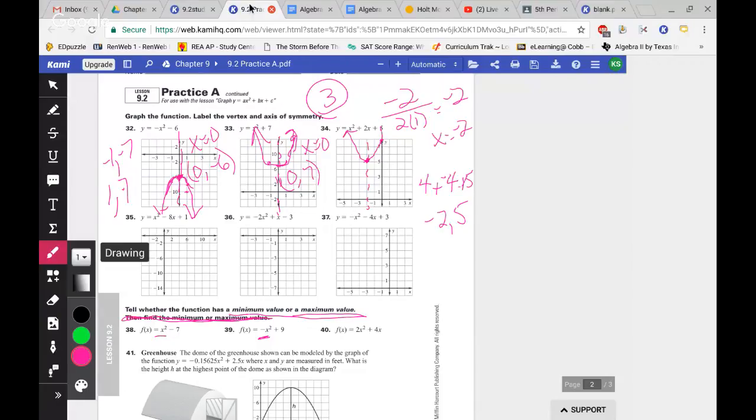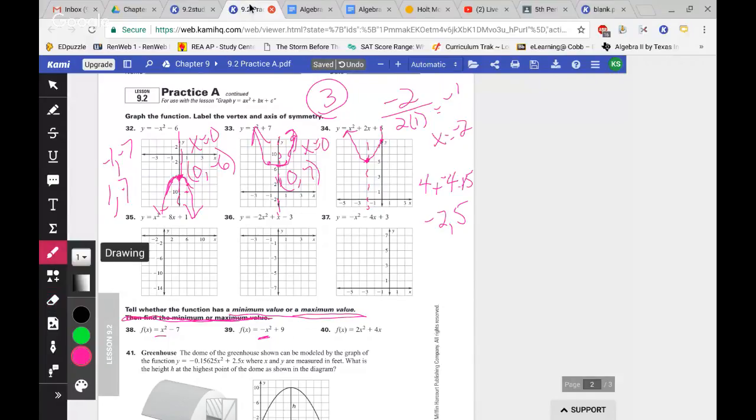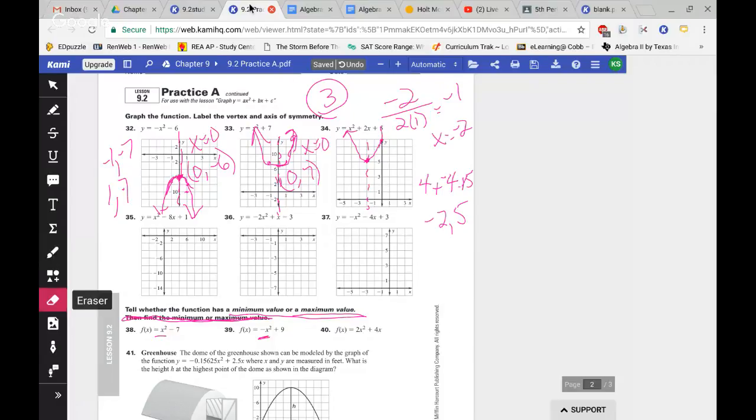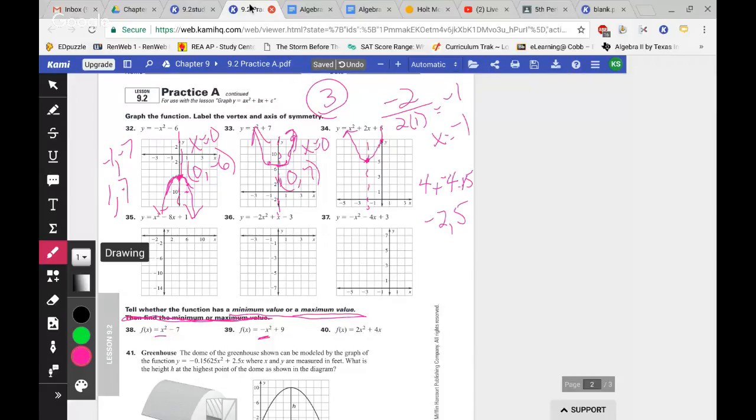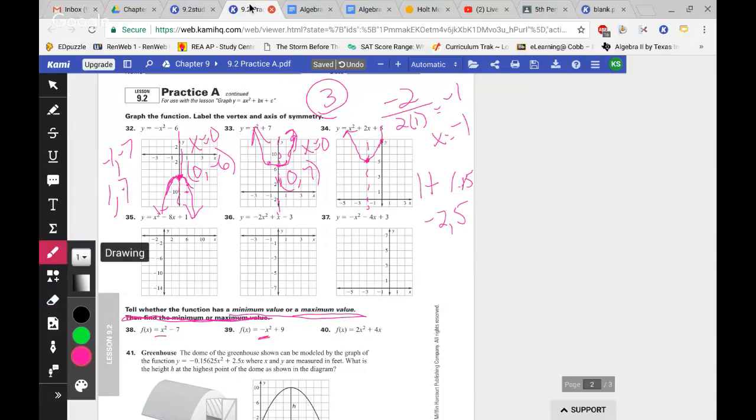Lord of mercy. The struggle is real today with me and simple math. When I started graphing that, that's when I caught it.